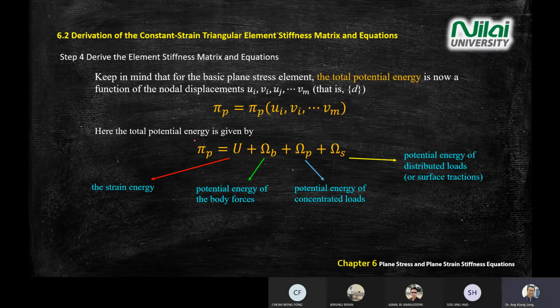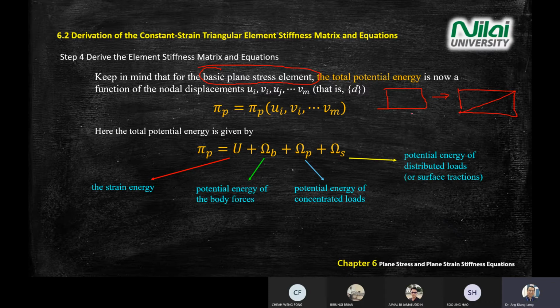So just take note that we are going to look at the detail of the potential energy for our plane stress element. We are looking at a plane stress element, meaning we're going to break, for example, a rectangular shape into discretization, meaning smaller triangular pieces.